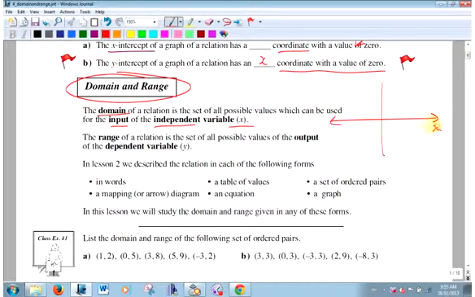There's x. That's the input. We input something, x is 2. What's my output? Y was 4, let's say. These are the independents. Y depends on x. This is domain.